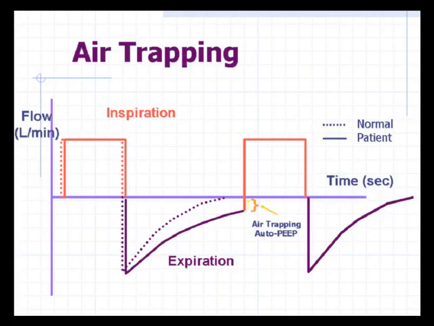Each breath at that point is going to put more and more air that can't get out. Breaths are going to keep stacking on each other. Eventually, the patient's alveoli are going to be overfilled, and they're going to have real problems. All right. So if you saw that waveform where they weren't hitting the zero line before the next breath, then you go down on the respiratory rate.